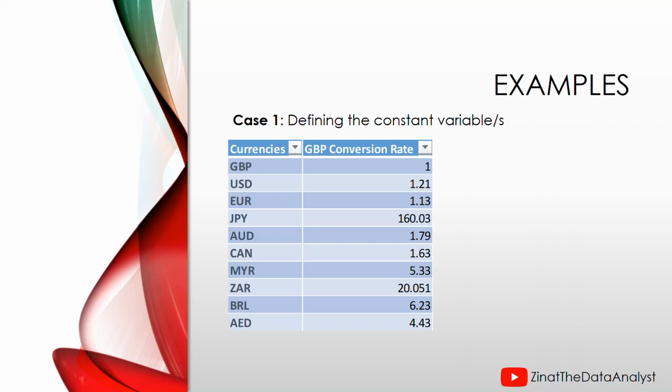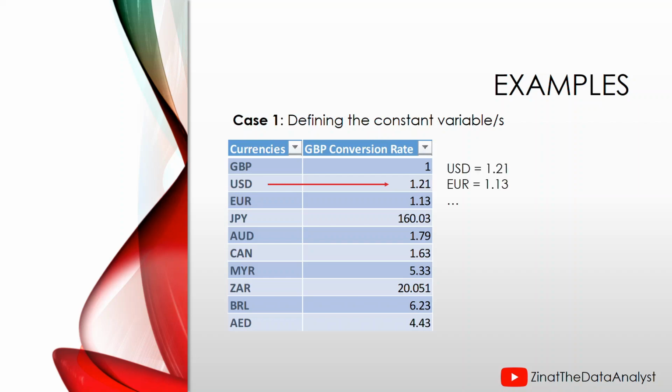Similarly, we may want to use Euro, and 1.13 would be its substitute. Now the question is, how can we make the link between currencies and conversion rates? The answer is using defined names.